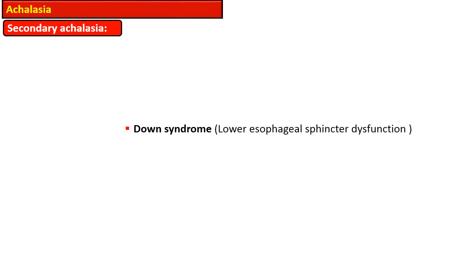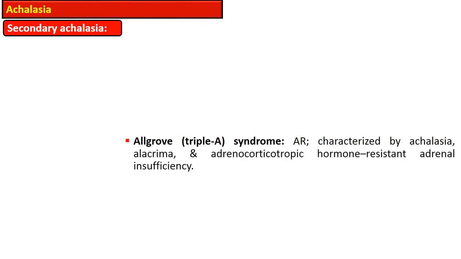The lower esophageal sphincter dysfunction is seen in Down syndrome, and it is also associated with Allgrove syndrome or AAA syndrome, which is an autosomal recessive disorder characterized by achalasia, alacrima, and adrenocorticotropic hormone resistant adrenal insufficiency.